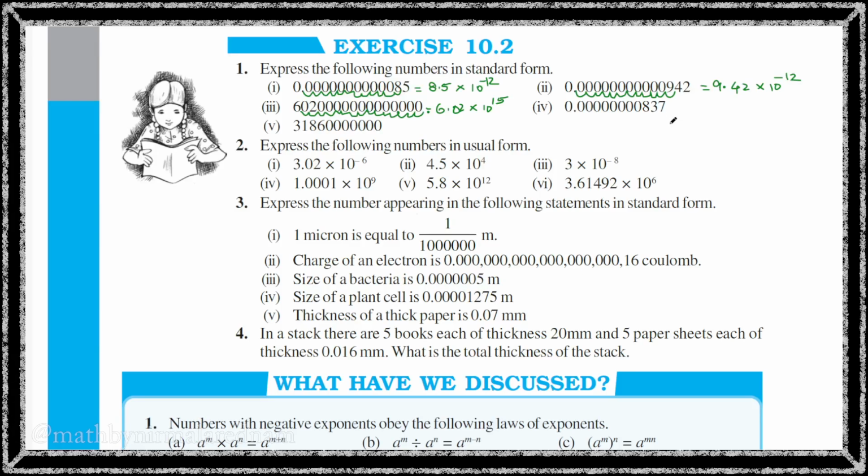And here it's going to be 8.37 into, so from here 1, 2, 3, 4, 5, 6, 7, 8, 9. 10 power minus 9. Okay. And here it is 3.186 into 1, 2, 3, 4, 5, 6, 7, 8, 9, 10. 10 power 10. So that is your first question.